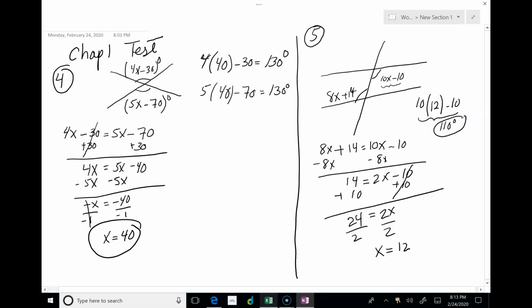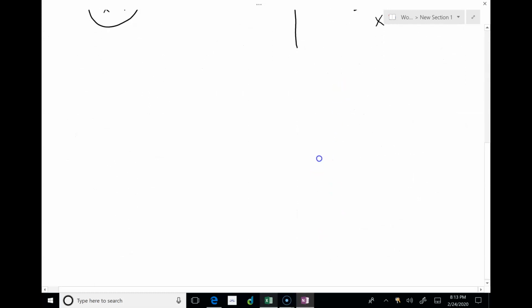Okay. Let's go to the next question. Question number 6. You have 3 angles of a triangle, and you know the sum of the angles of a triangle is 180. So I'm going to just write them out here.